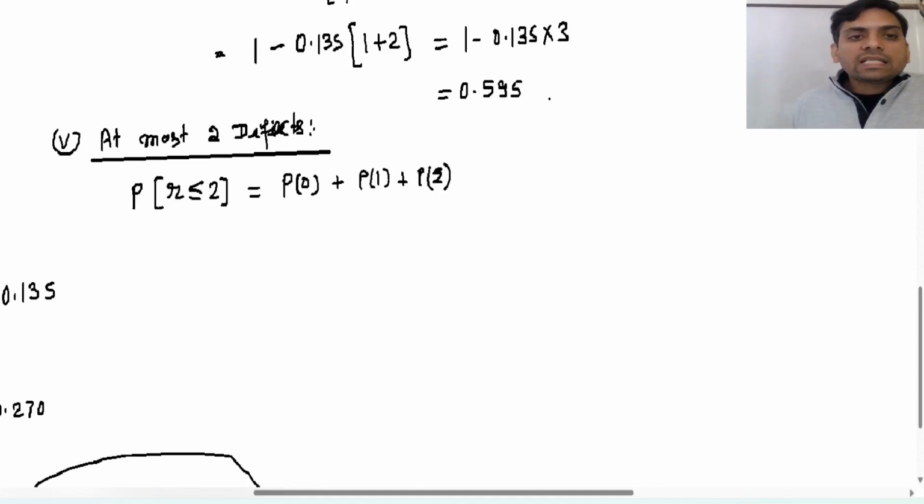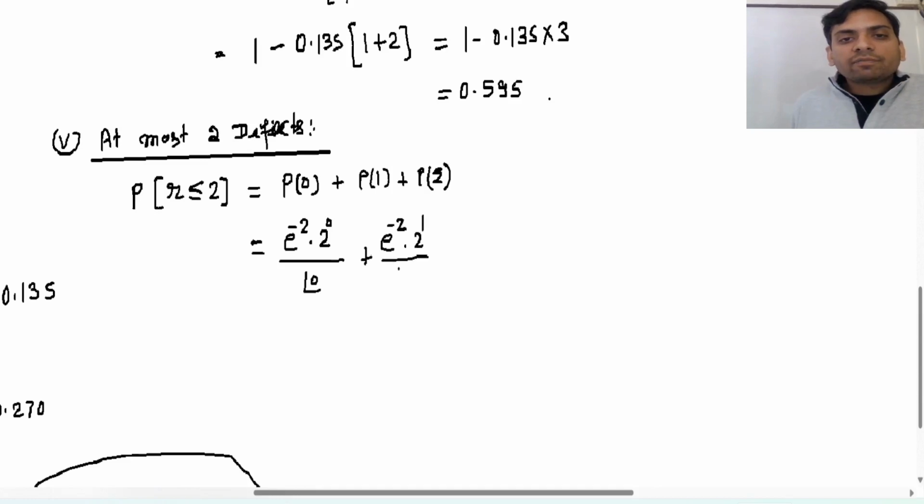Clear? For these types of cases, you will write the formula for all. Formula for first is what? e raised to the power minus 2 as m equals 2, and 2 raised to the power 0 successes, and divided by factorial 0. And the second one is what? e raised to the power minus 2 and 2 raised to the power 1, and this quantity divided by 1 factorial.